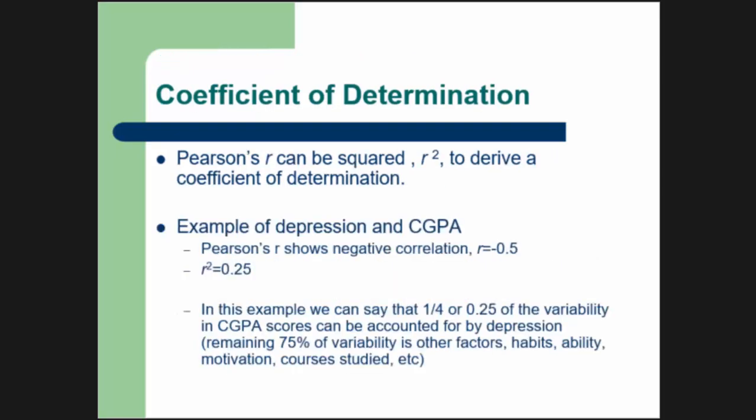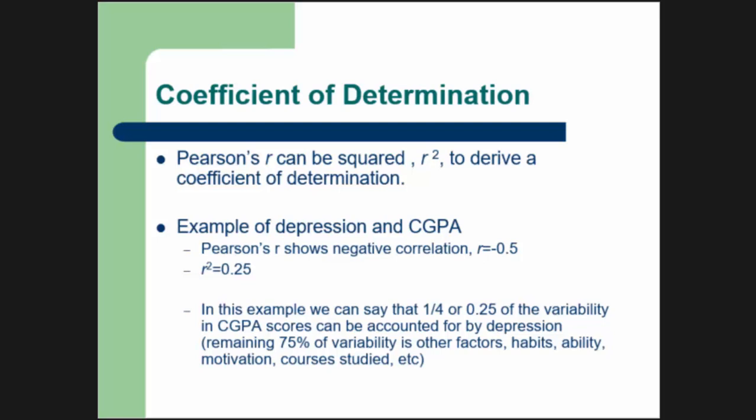Let's say we do a study, we do a DASS on all the students. You come here to class, we measure the depression scale score. Then we look at your CGPA. And we found a correlation of negative 0.5.